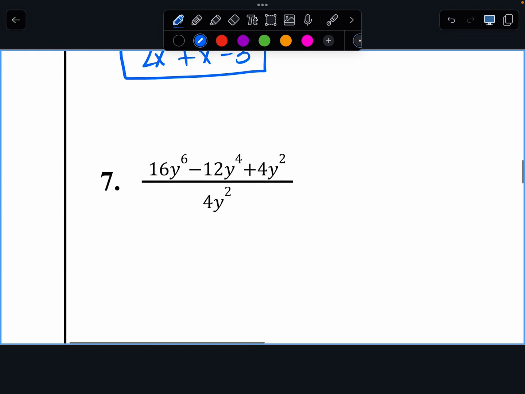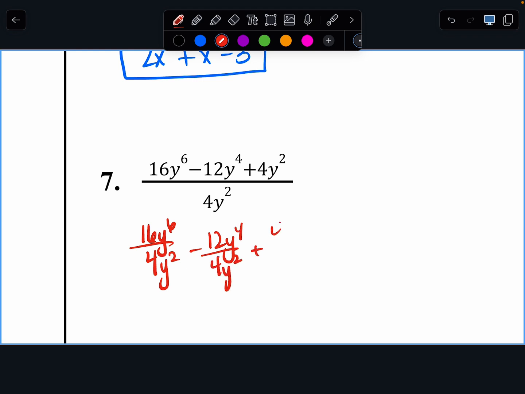You can even use that blue sheet for small numbers like 16 and 12. If you just can't think of it or you just don't want to worry about it, just look at the sheet and you should be able to see that I can divide all of those numbers by 4. 16y6 over 4y2 minus 12y4 over 4y2 plus 4y2 over 4y2.